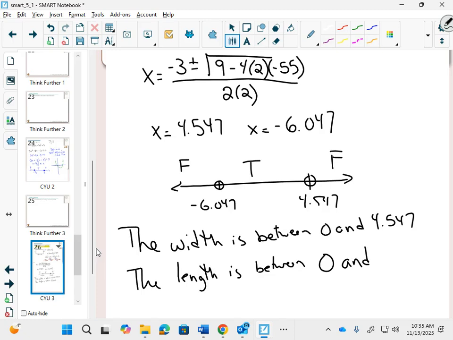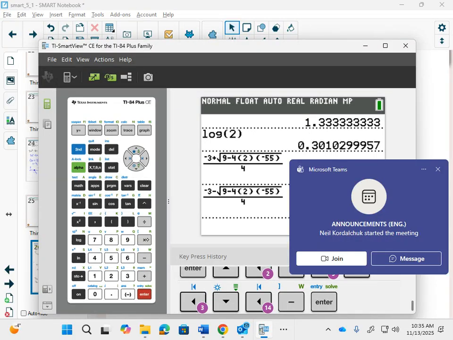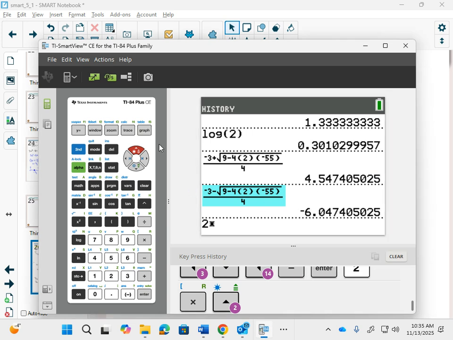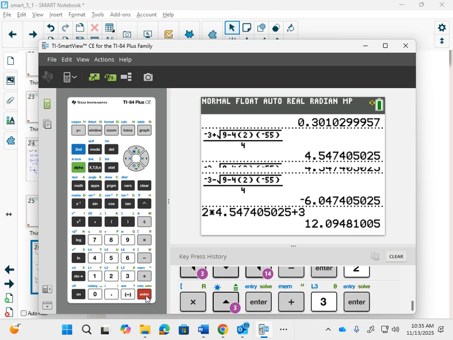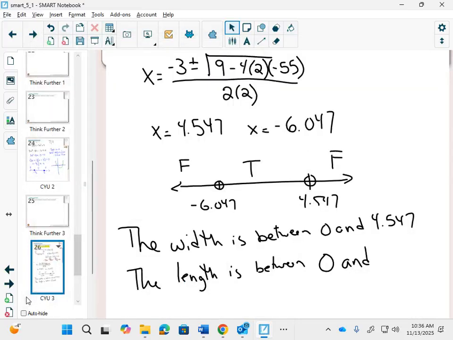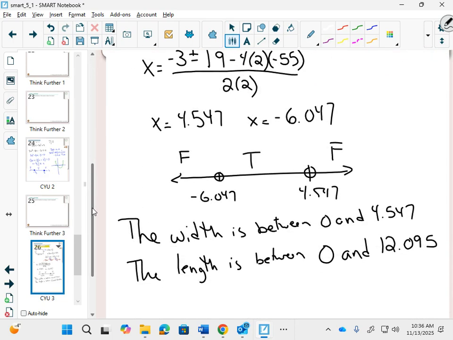And if we do 2 times 4.547 plus 3, $12.095. I went to 3 decimal places because it says to the nearest tenth.